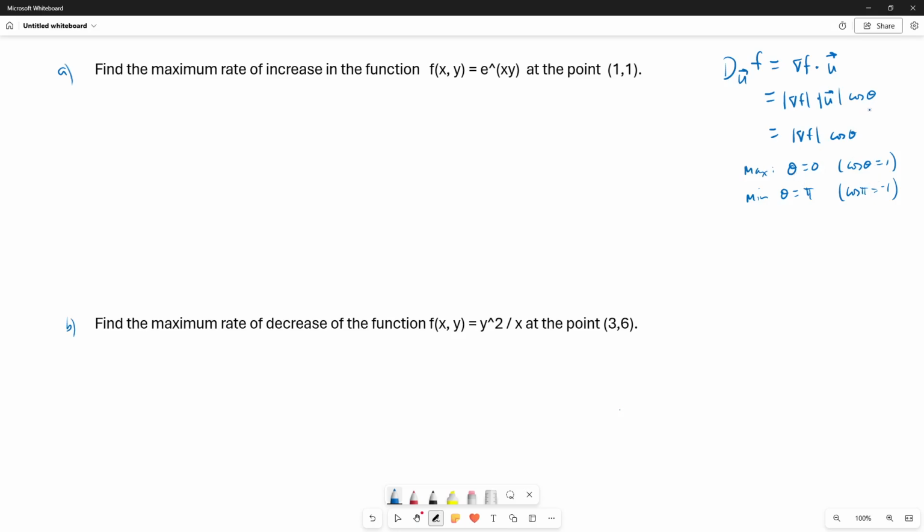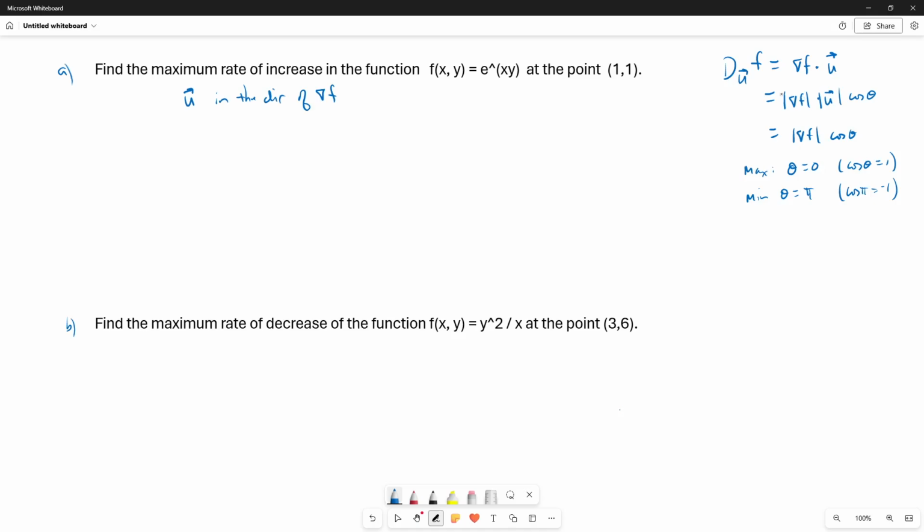And theta is the angle between u and the gradient, so if theta is 0, then that means that u is in the same direction as the gradient. So to find the maximum rate of increase, we want u to be in the direction of the gradient of f.